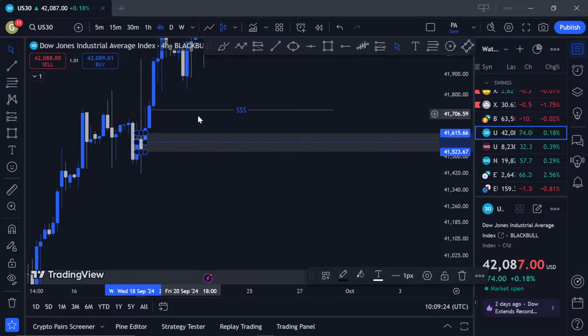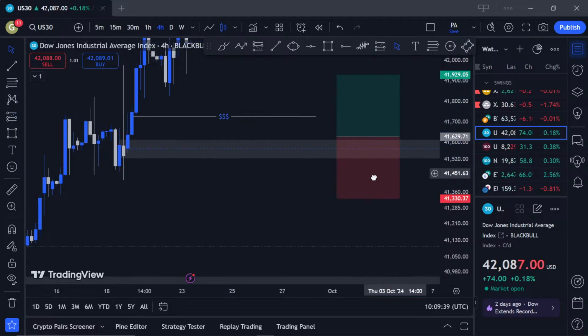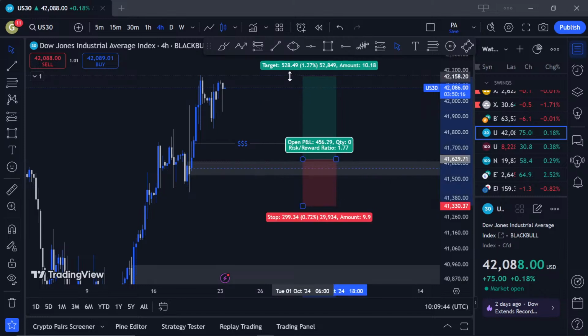So we simply want this market to push down here, get back to this 41,604 level, give us a bullish close around 41,645, and then we'll take a sharp buy from this top right here. We take a sharp buy from here.